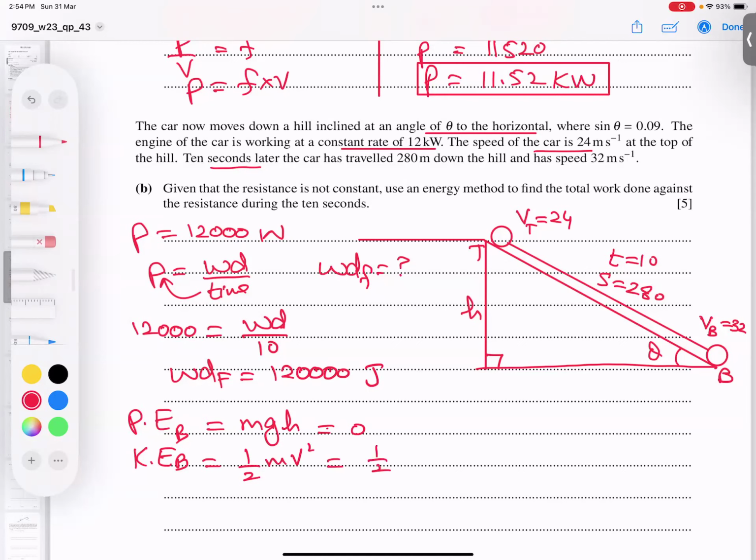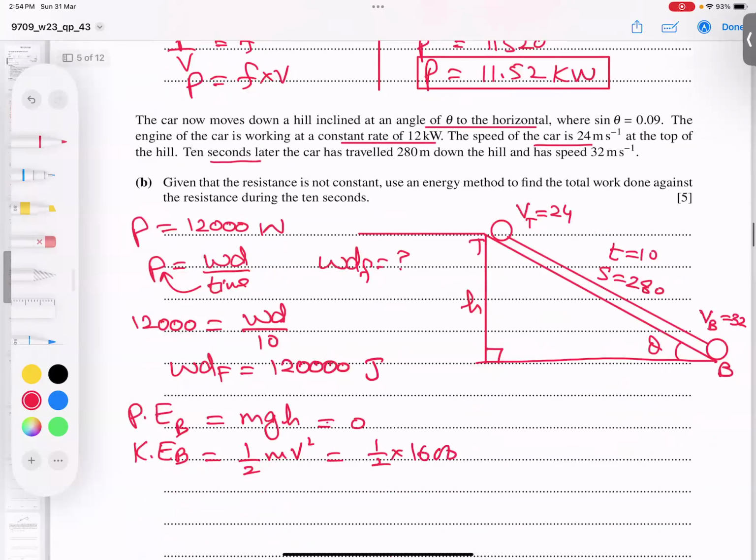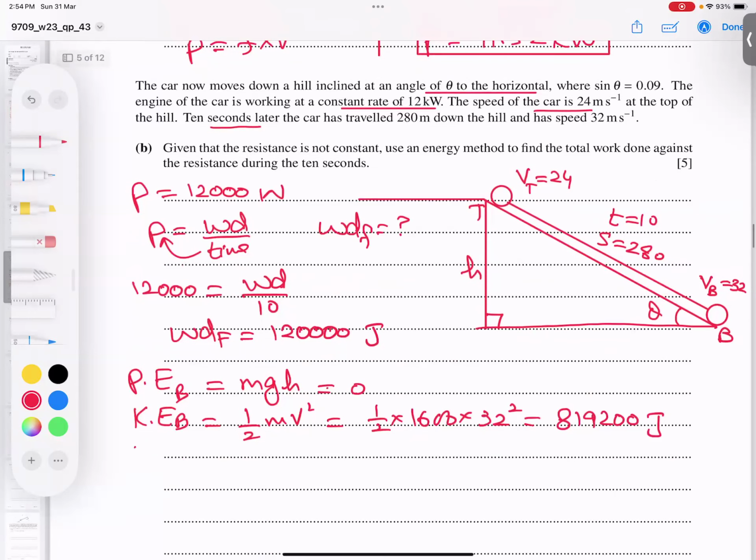Mass is, hold on, how much mass? 1600. And velocity at B is 32 square. So 800 times 32 square is giving us 819200 joules.